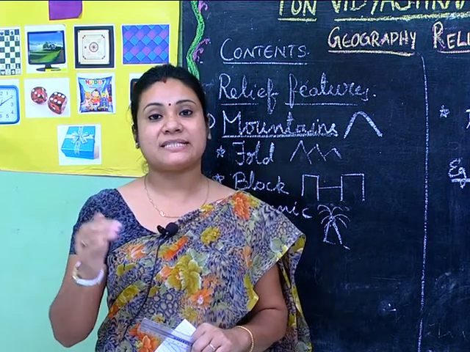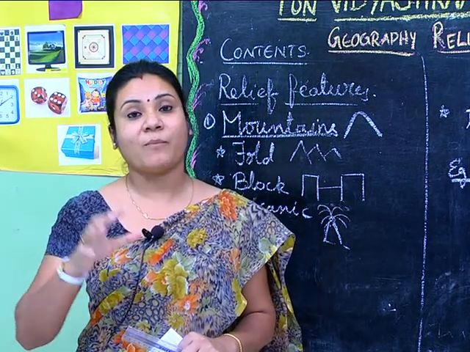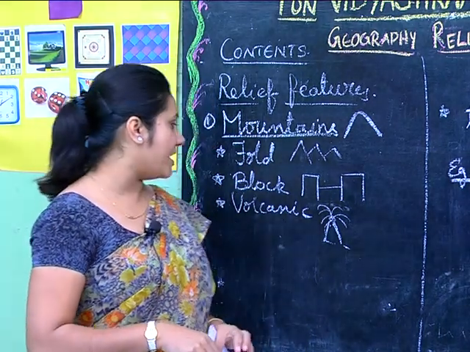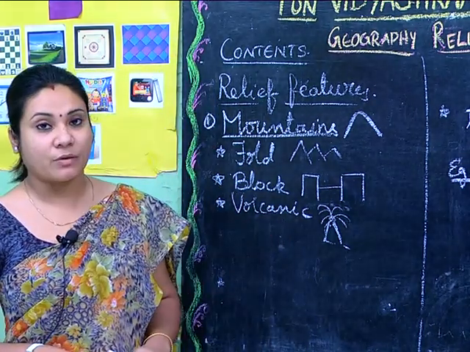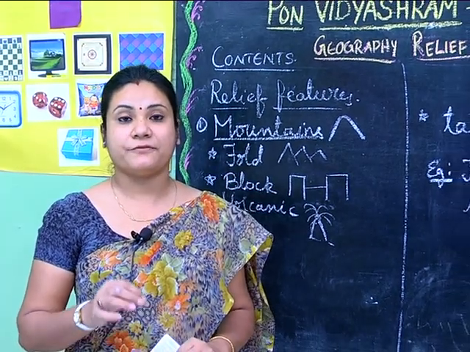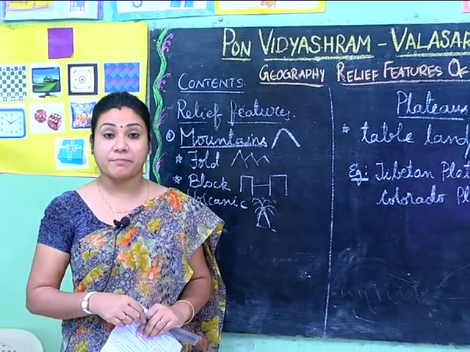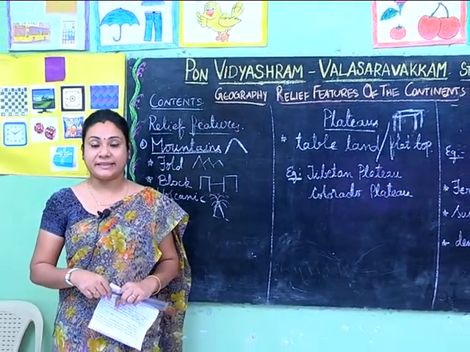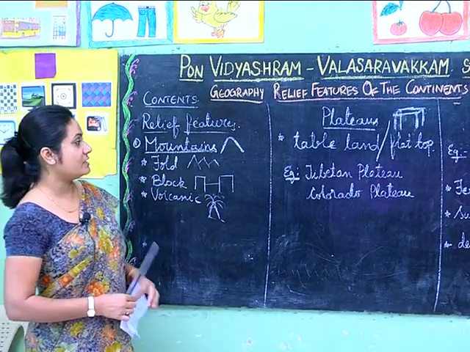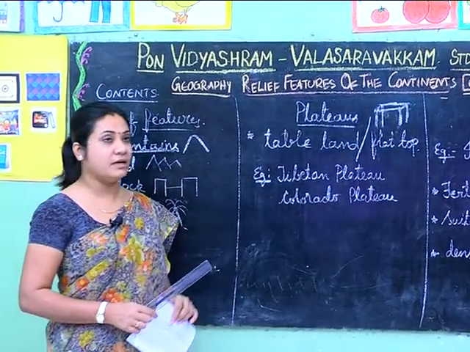When the lavas and magmas cool down, they form various structures on the surface of the earth, giving rise to volcanic mountains. Examples of volcanic mountains are the famous Mount Fujiyama in Japan and Mount Etna in Sicily.